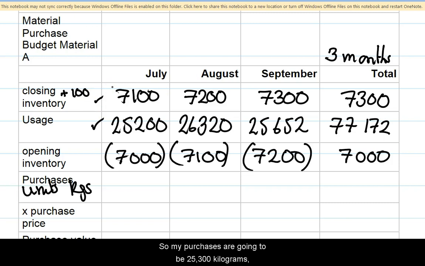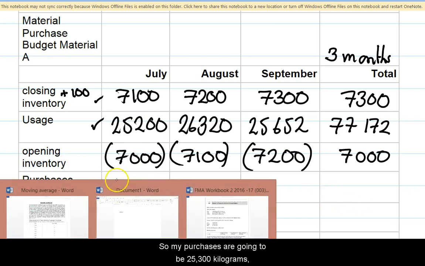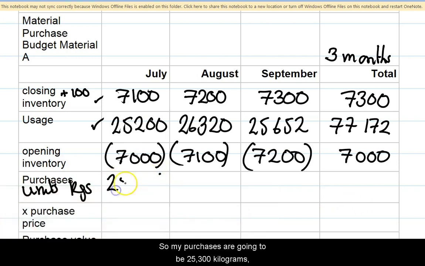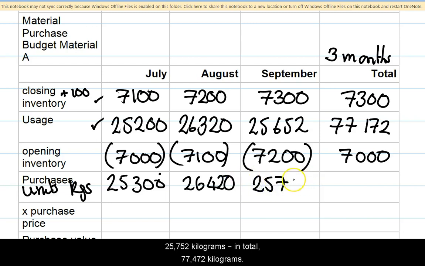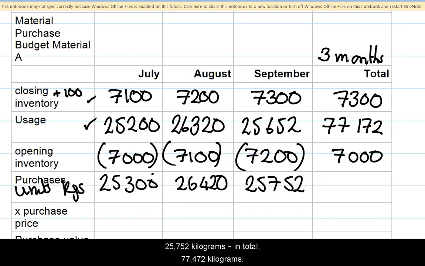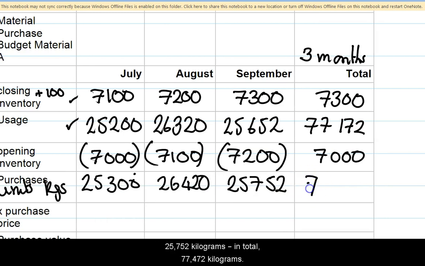So my purchases is going to be 25,300 kilograms, 26,420 kilograms, 25,752 kilograms. In total 77,472 kilograms.